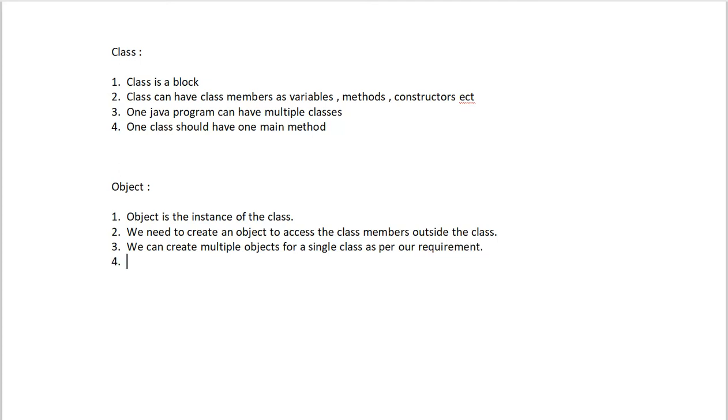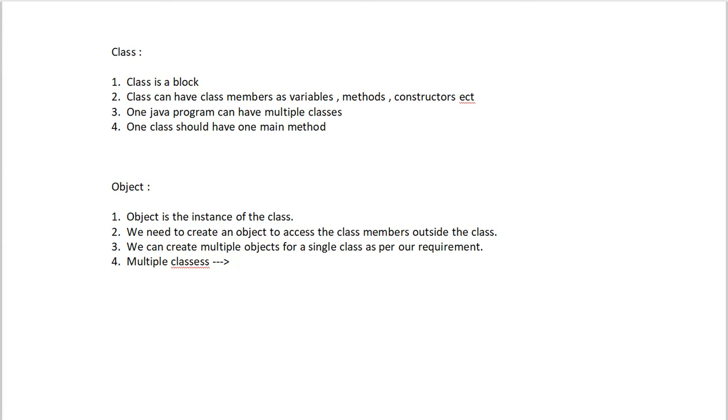So when we are using objects, at least we are talking about multiple classes. When we use multiple classes, then only the object comes into the picture, where a particular class member which is inside a specific class, if I want to use it outside that particular class, I need to create the object.